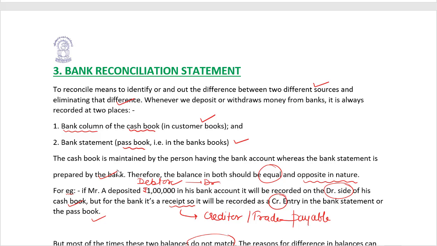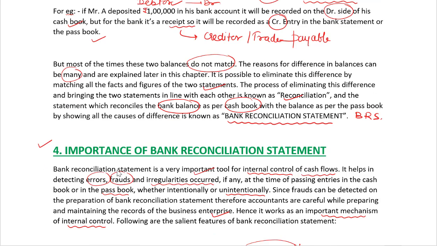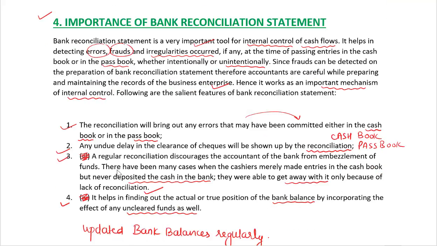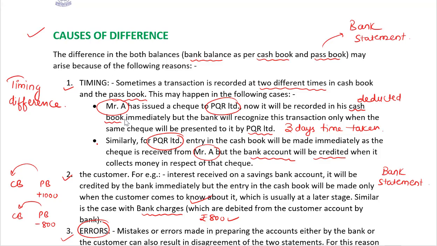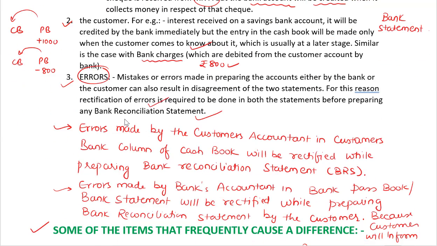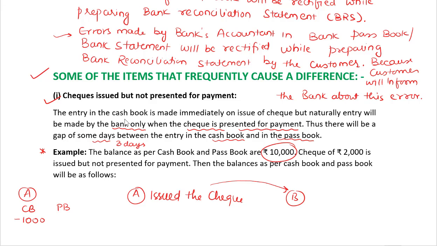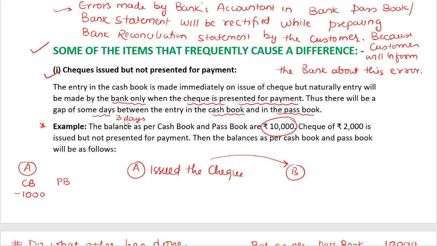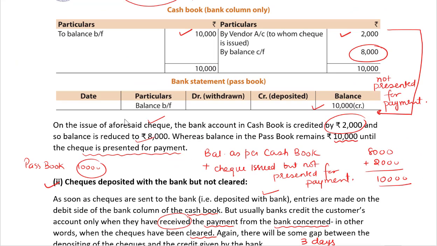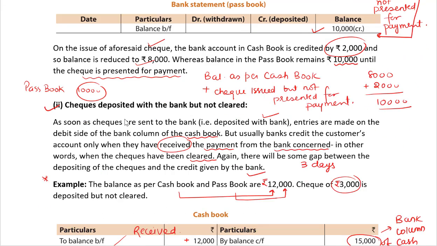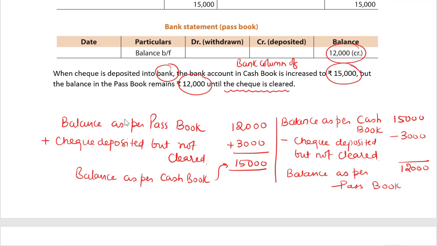We have seen why there is a difference between the bank passbook and the customer's bank column of the cash book. We have seen the importance of BRS and causes of difference: the timing difference, the error difference, and some of the frequent causes of difference. The first difference was check issued but not presented for payment, and the second difference was check deposited within the bank but not cleared by the bank.